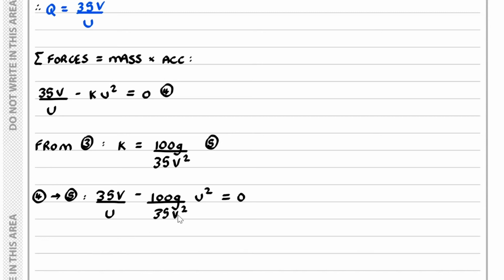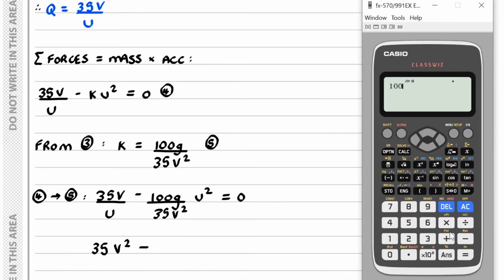Now if I multiply by V squared, I have 35V squared, and if I multiply by U, well, before I do that, what is 100 divided by 35? And if I times this by 9.8, I will have 28 U cubed. And this is all equal to 0.